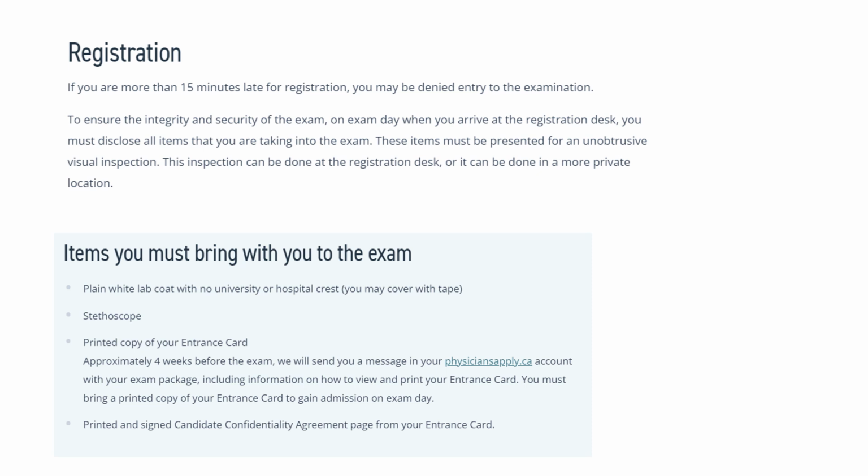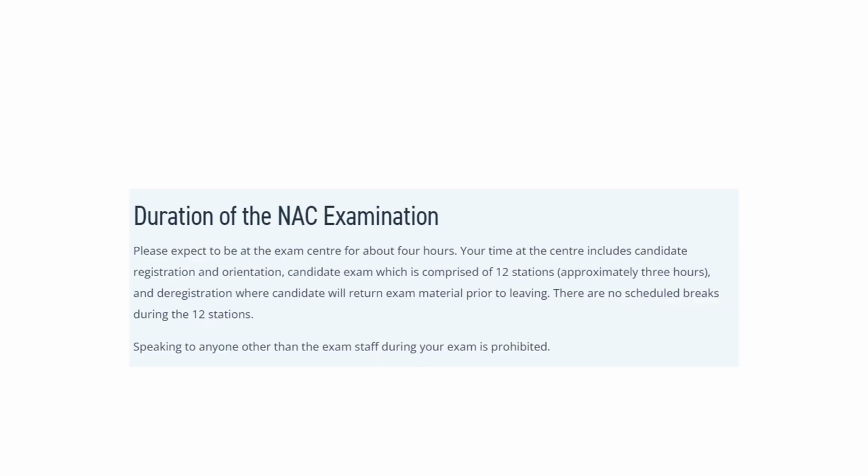So you need to have your white coat, your stethoscope, and a printed copy of the entrance card. Again, you will have to sign that candidate confidentiality agreement, and it is around a 4 to 5 hour exam where you have to reach on time, obviously, and you have to register, and after that you will be allotted your stations and the exam starts.